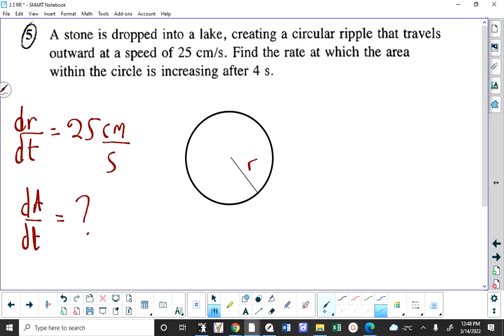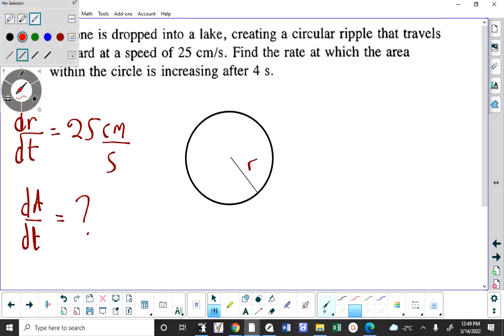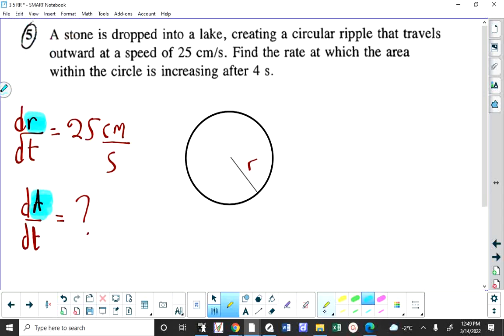So there's one rate of change we're given. There's another rate of change we're trying to find. The variables whose rates of change we're talking about are the radius and area of the circle. So now I can use A equals pi r squared. A equals pi r squared. This is your first step.